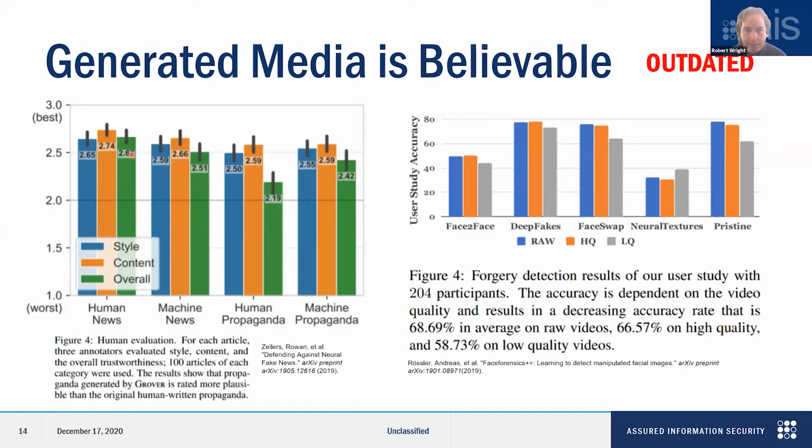On real newsworthy topics, you can see that it's roughly as effective and as believable as a human is. And when it comes to propaganda or generating fake news, it turns out that the machine is actually a little bit better at lying than the humans, and overall still very believable in comparison to the real ones.